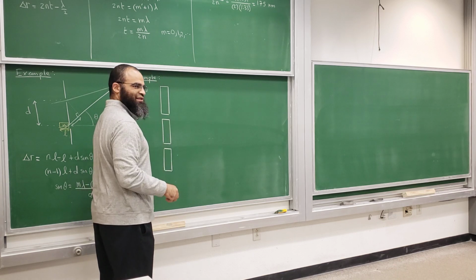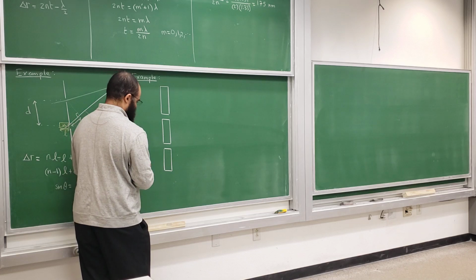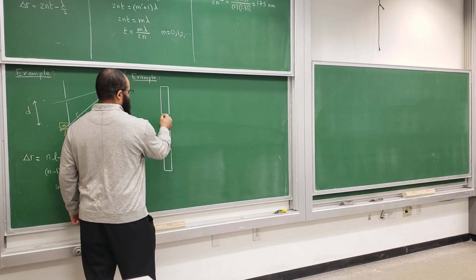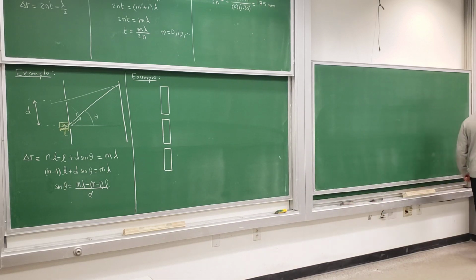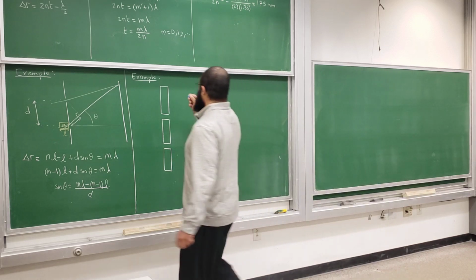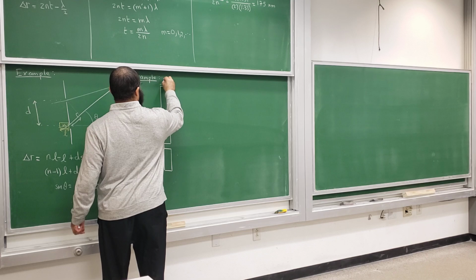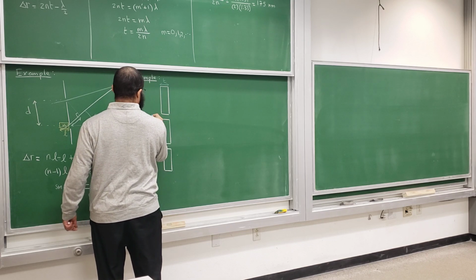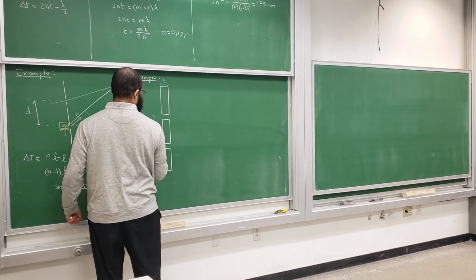So these are the two slits. The thickness of these walls is t. The thickness of the walls is t. And the distance, as always, between the two slits is d.